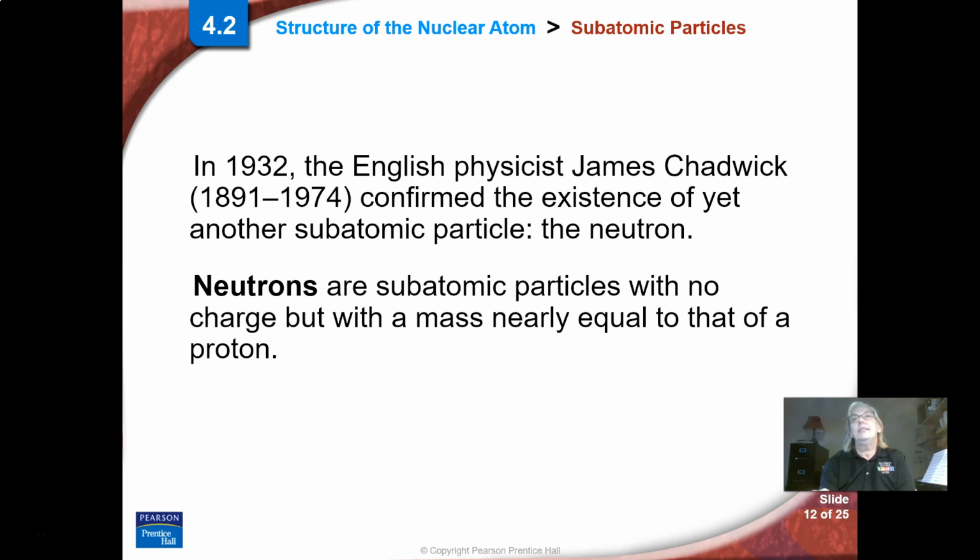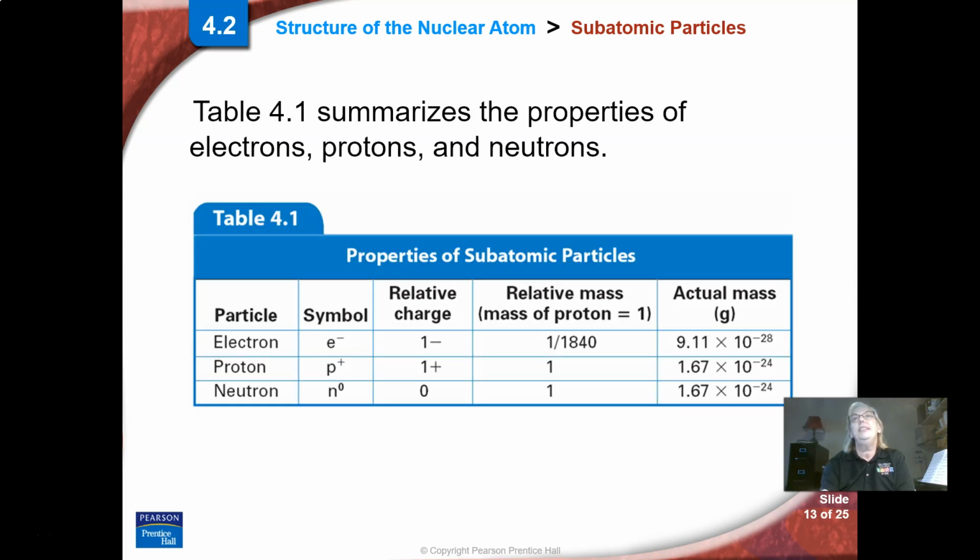And it has just as much mass as a proton has, so they're really equivalent. After they did all these experiments, this is what they found out. We give this symbol for electrons. It's got a 1 minus charge. It's very small: 1 divided by 1840.